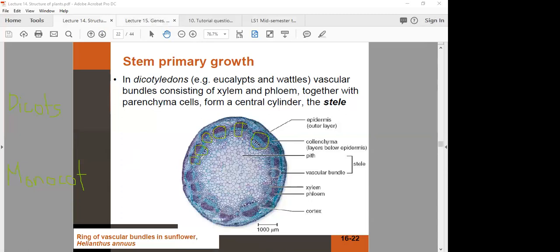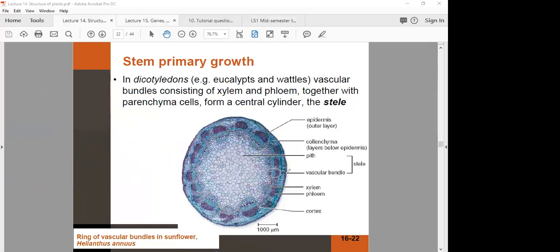And you can see how they form a ring around the inside of the stem. And this is one characteristic that's unique to the dicots. So if we were looking at a monocot, the vascular bundles would just be scattered randomly throughout the actual stem without forming a ring. Okay. All right, so let me clear that because it's already getting messy.